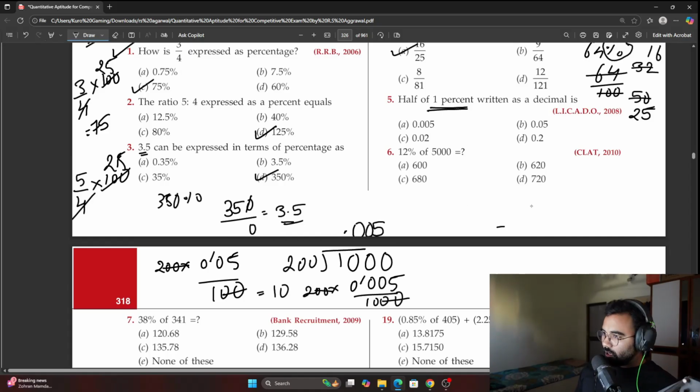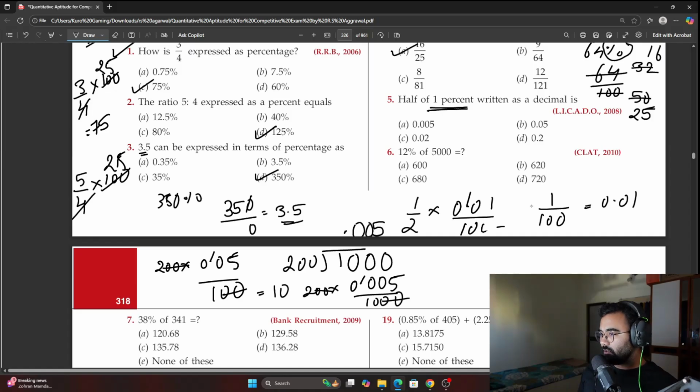So half of 1%. First of all, let us try it the other way around. Let's just convert 1% into decimal first. So 1%, 1 upon 100, that gives you 0.01. Okay, now I need to do the half of this. So half of 0.01. I think the answer still remains the same.